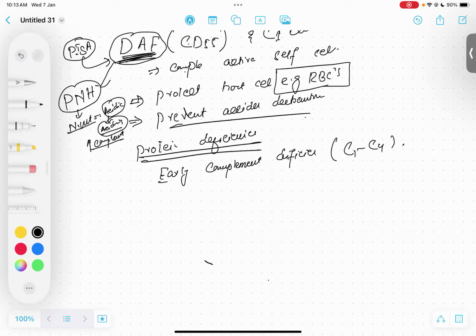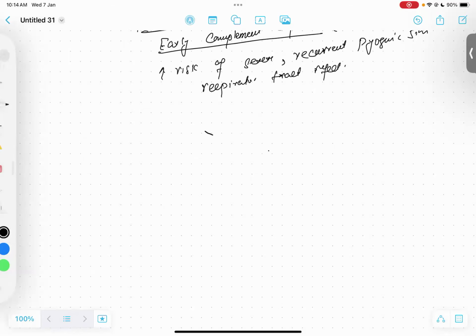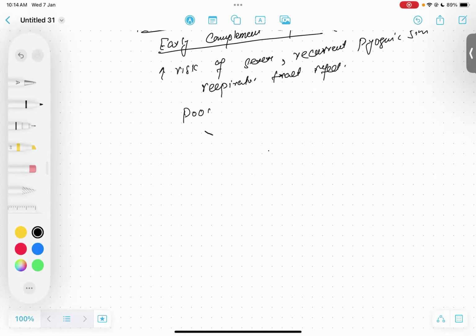This patient will have increased risk of severe and recurrent pyogenic sinus and respiratory tract infections, because this patient will have poor opsonization, because they have a deficiency of C1 to C4, and we know that the opsonin is C3b.